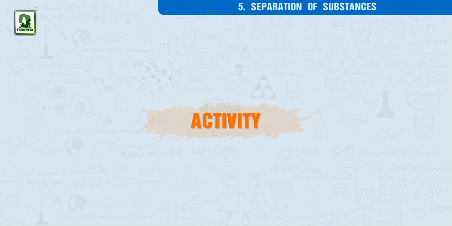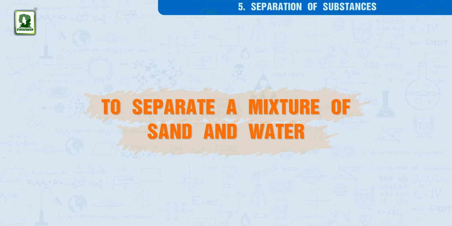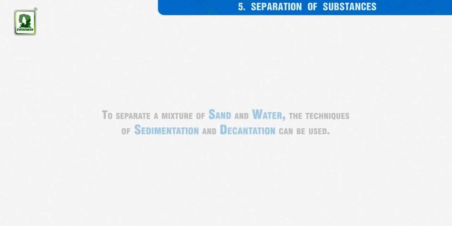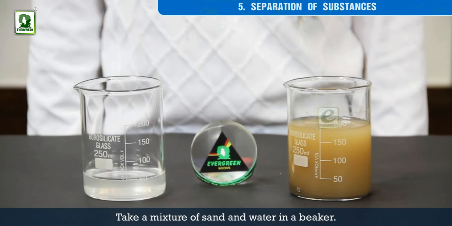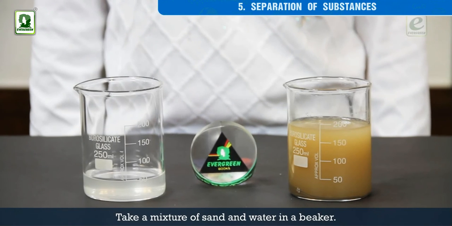Activity: to separate a mixture of sand and water. To separate a mixture of sand and water, the techniques of sedimentation and decantation can be used. Take a mixture of sand and water in a beaker.